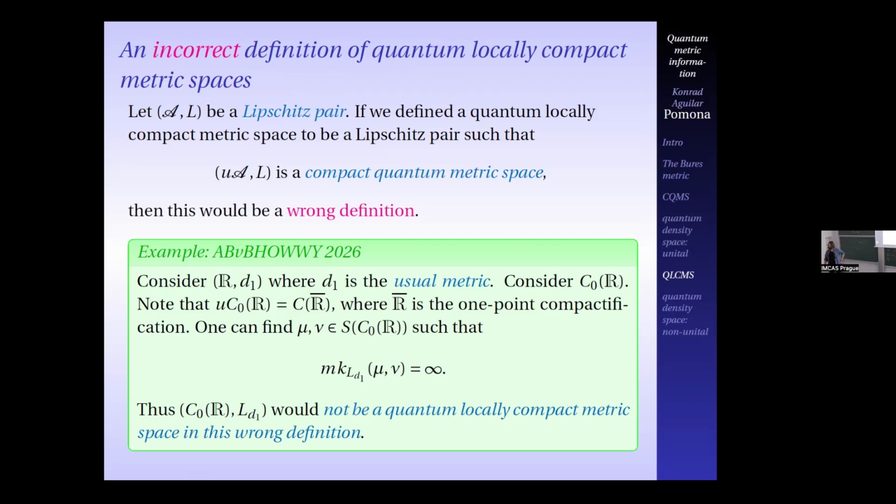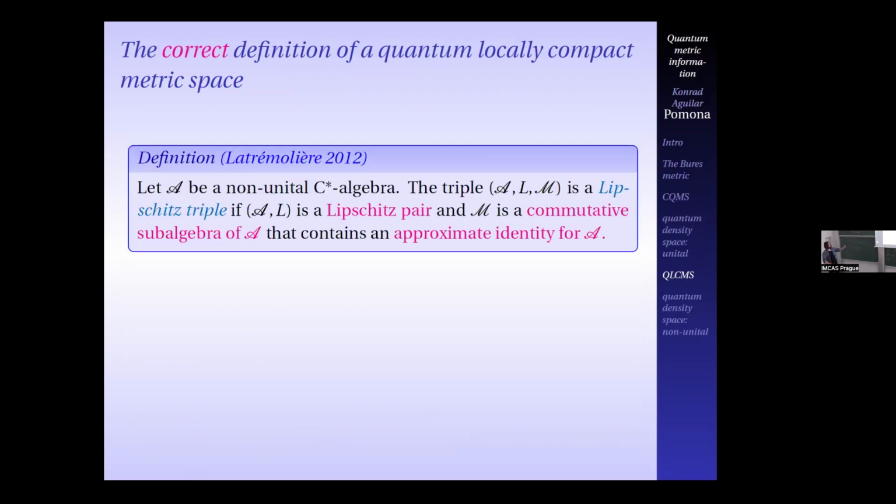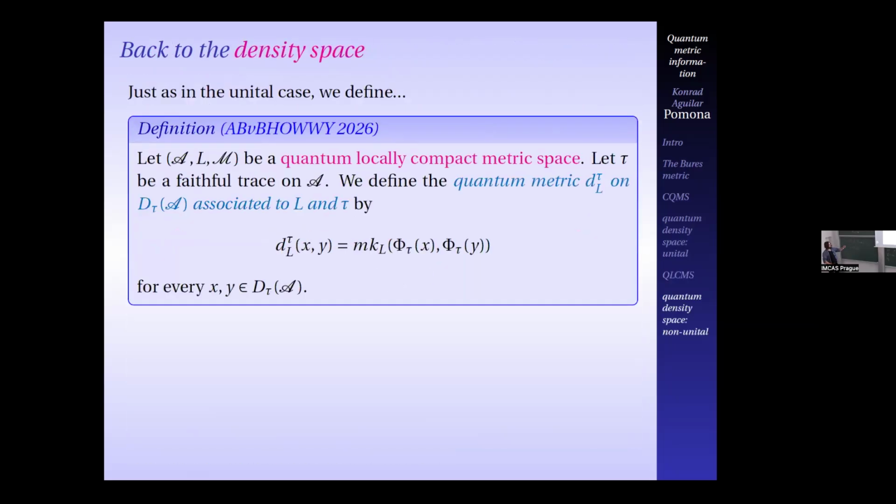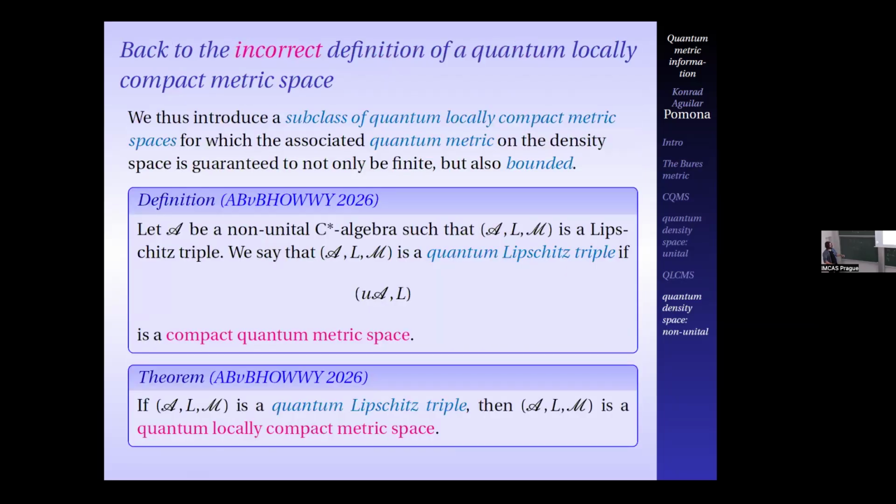Is it clear, maybe I missed it, that if you have a compact quantum metric space, then you will have a locally compact quantum metric space? Yes. If the unitization is a compact quantum metric space, then yes, you get this.